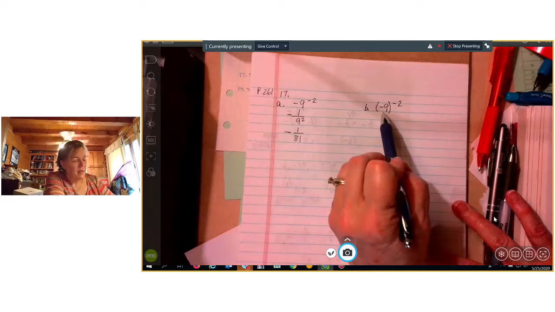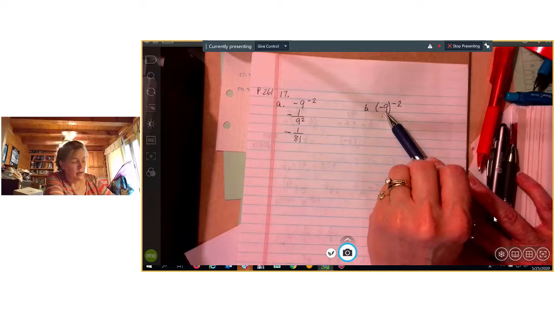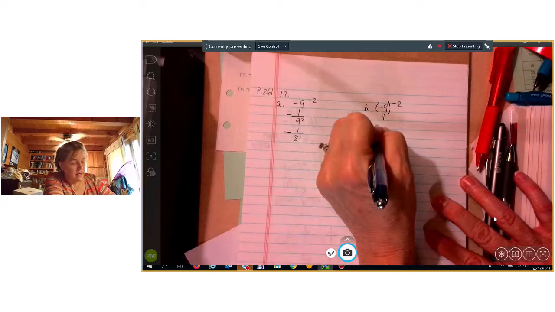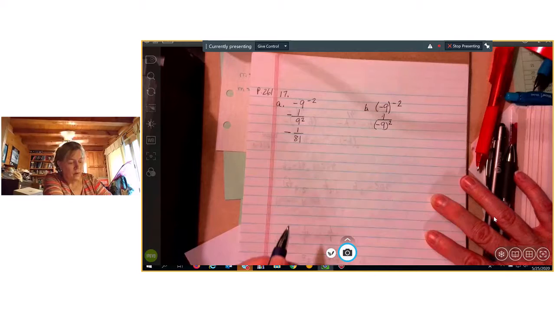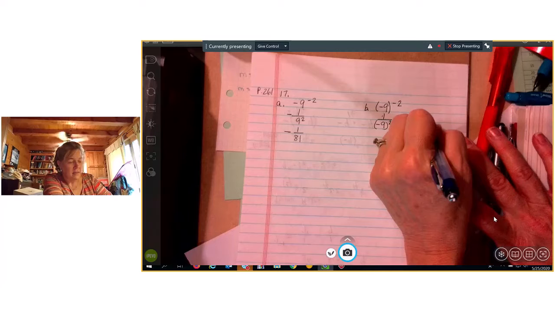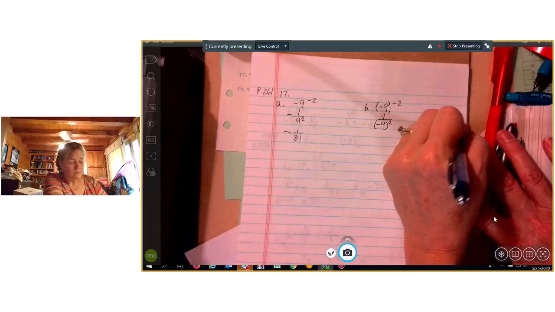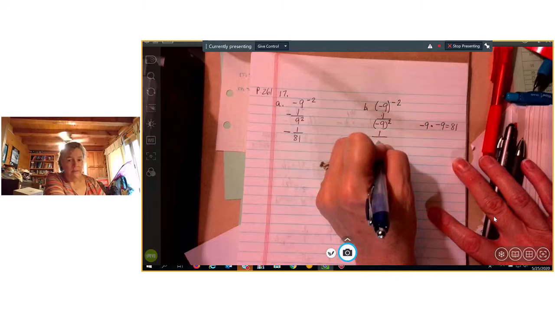Now in this problem, it's telling me to take the negative with me, and I'm going to actually square that. So I'm doing 1 over negative 9, still in parentheses, squared. And we know negative 9 times negative 9 is going to equal a positive 81. So then we have 1 over 81.